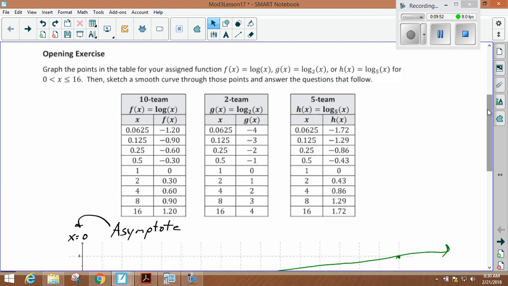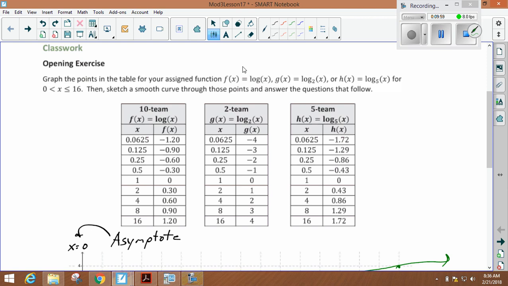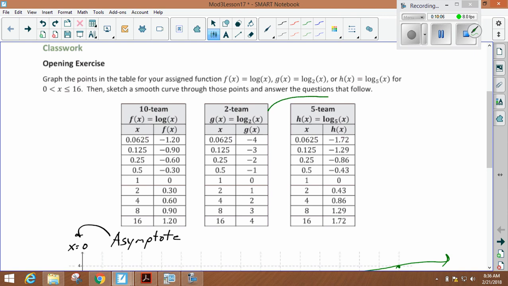All right, so if your calculator does not have that function, as I was saying, don't fret, okay? Because we can write this one in this way. Remember our change of base formula, it says that I can write log base 2 of x as log base 10 of x over log base 10 of 2.